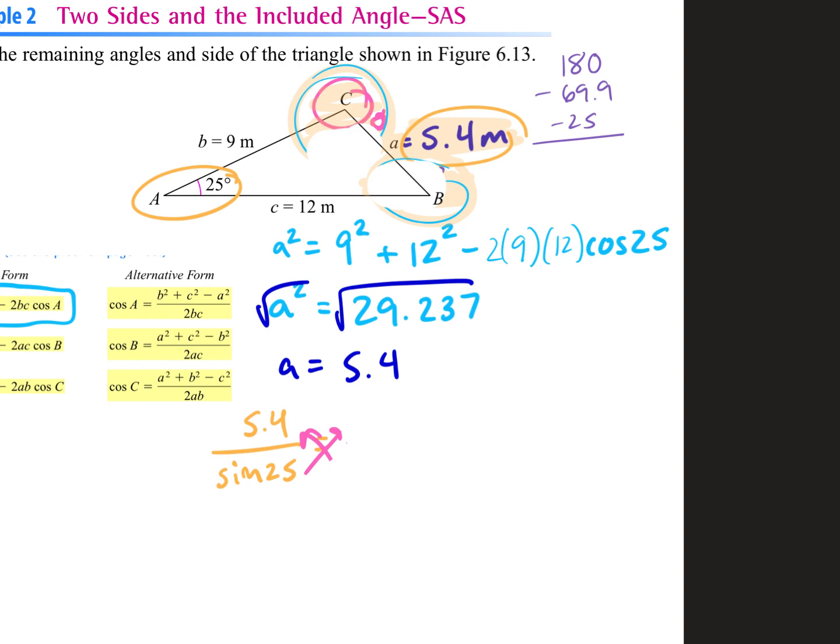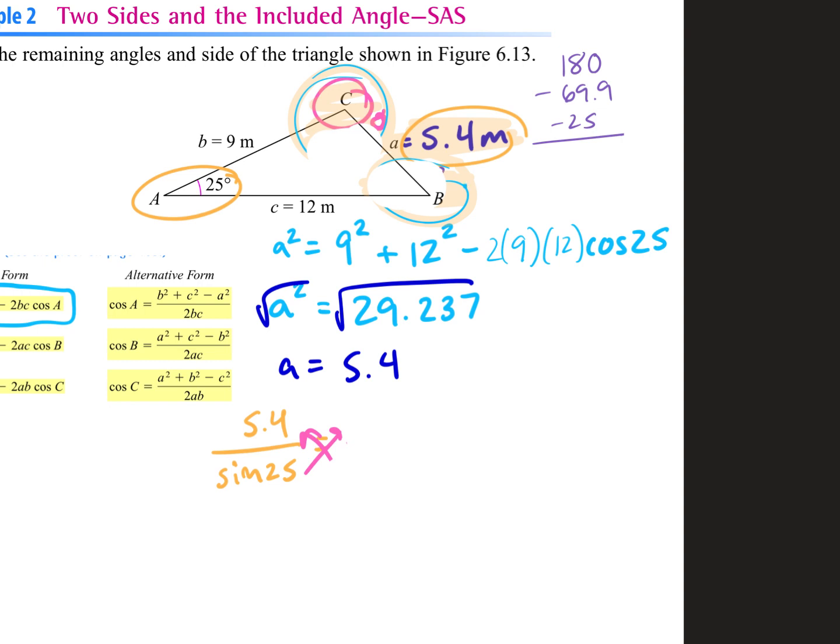Instead of finding angle C first, we would have to find angle B first. So you always have to make sure that the largest angle matches the largest side. On web assignments, it would mark it wrong. There's no triangle, but you just have to figure it out.